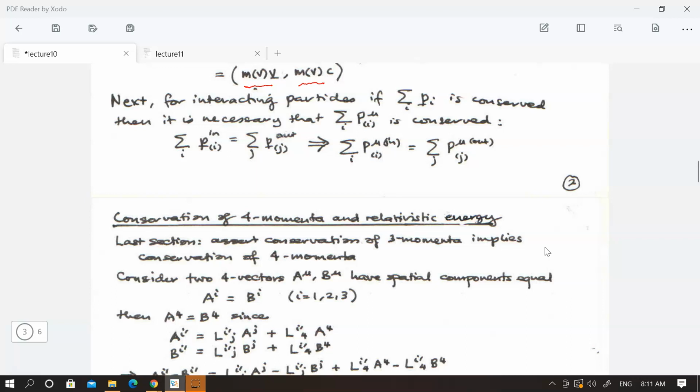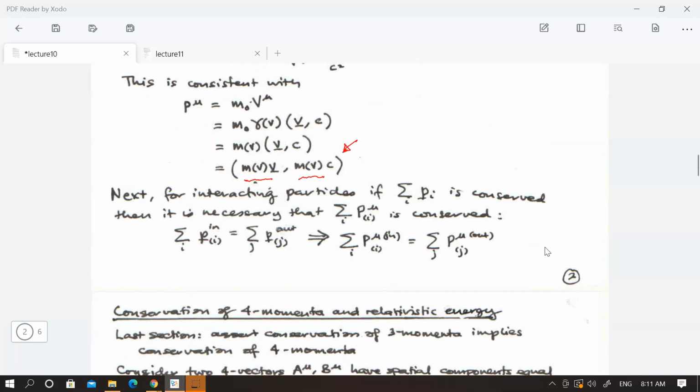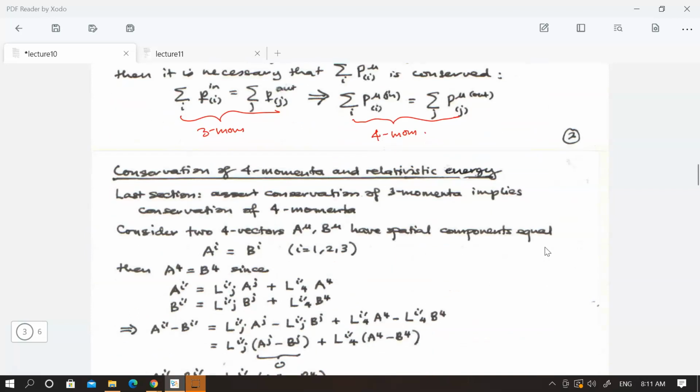But now, given that you have this formula for your four momenta, the four-dimensional momenta, one can imply that conservation of the three momenta here will imply that we'll have conservation of the four momenta. So this is what we're going to do next.